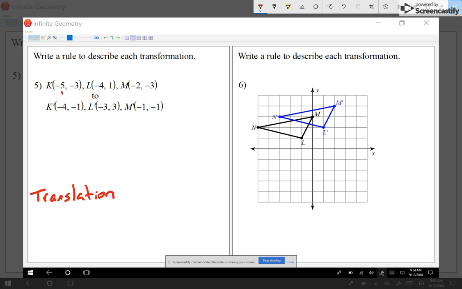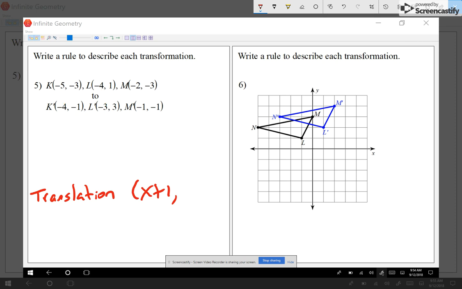And then if I follow my x's, right, -5 becomes -4, -4 becomes -3, -2 becomes -1, right? I'm following my x's. It seems like each of them I'm adding 1. So I'm going to do x plus 1. Once again, I follow the x's.